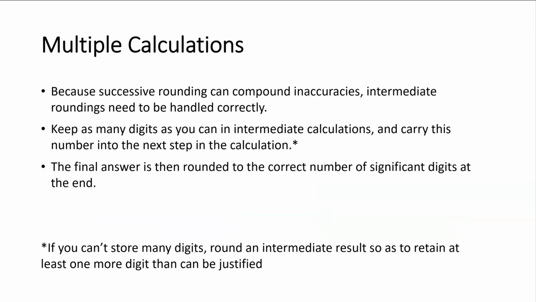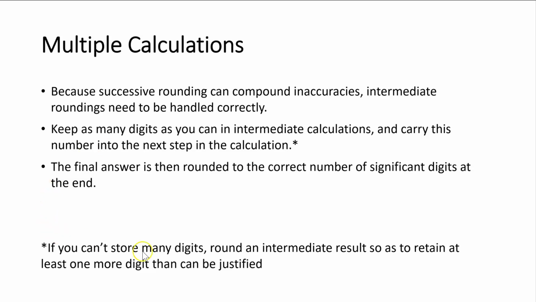If you're doing multiple calculations all at once, or questions that go step by step by step, and you have intermediate results, so results that you're going to use in another calculation, you want to be careful with that. What you want to do is, with intermediate calculations, keep as many digits as you can and carry that number into the next calculation.